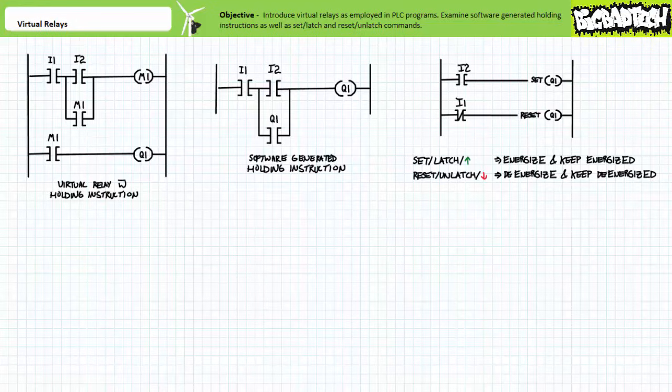We additionally examined software-generated holding instructions that mimic the functions of auxiliary contacts on electromechanical contactors and that they respond to the logical state of a particular output that can be energized or de-energized by the logic in a particular rung. Finally, we examined the set or latch and reset or unlatch functions that selectively energize or de-energize an output and maintain this last asserted state until instructed otherwise.